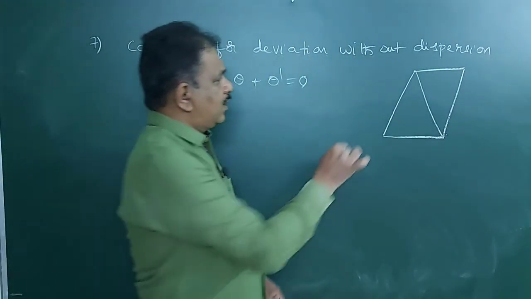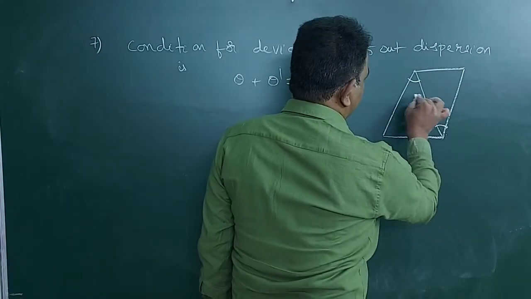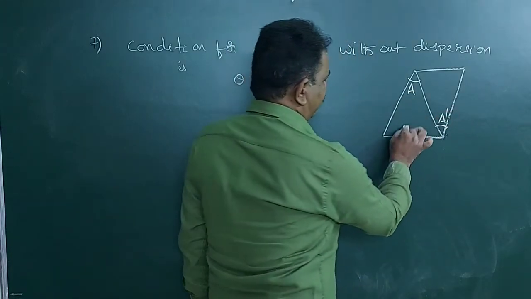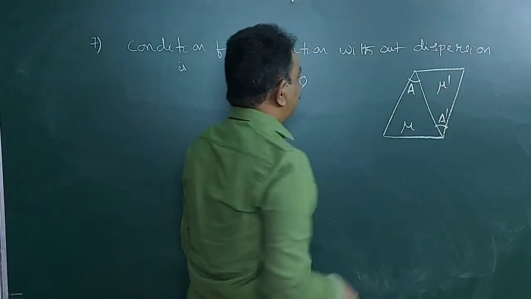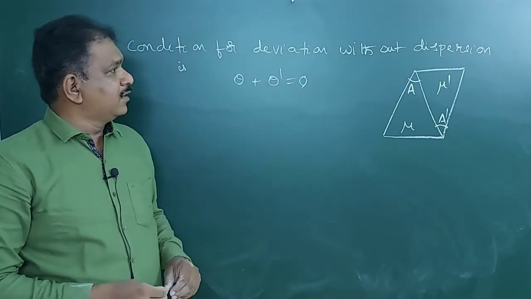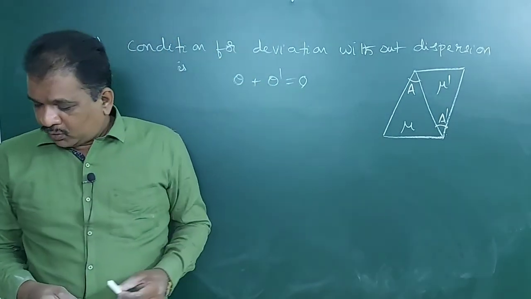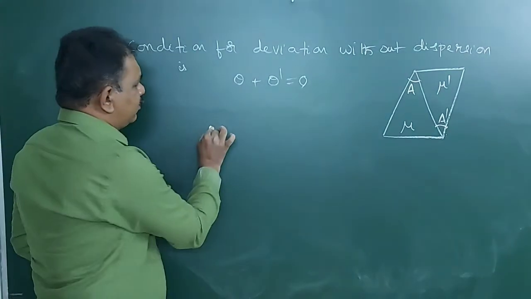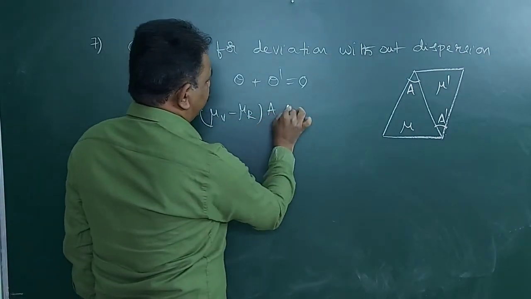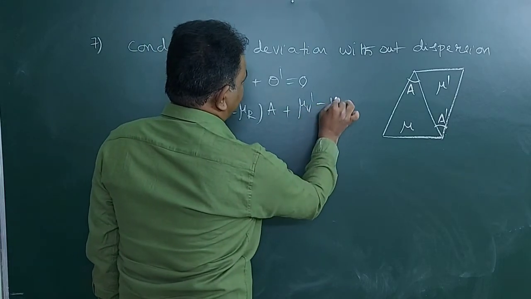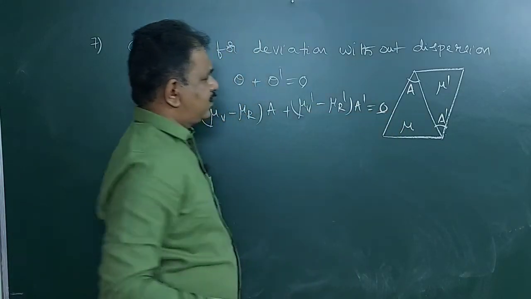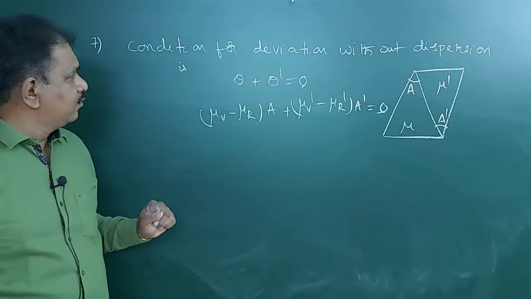So this is one prism, this is one prism. This is A, this is A dash. Its refractive index mu, its refractive index mu dash. Then net dispersion will be equal to 0. So mu v minus mu r into A plus mu v dash minus mu r dash into A dash, we will use these formulas.